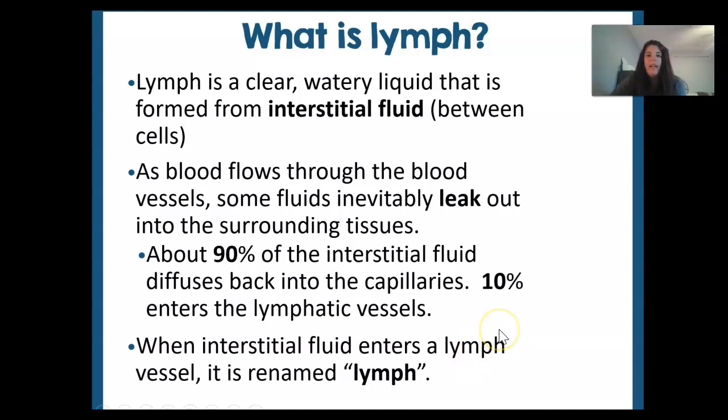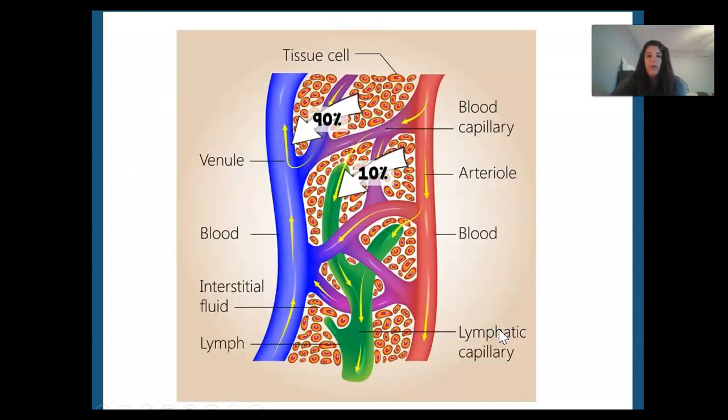Now, unlike blood vessels, which form a kind of open loop, lymph vessels are dead end. They're going to end in lymph capillaries. You can look here. Here are all of these tissue cells, the cells that would make up the tissues.